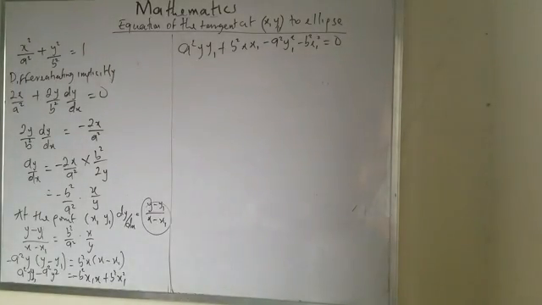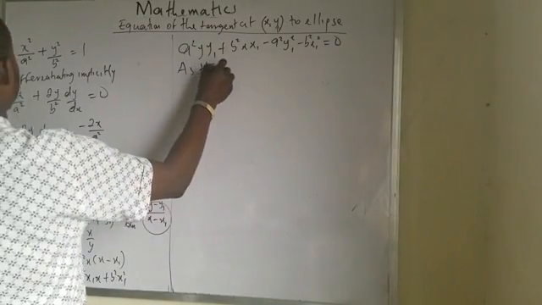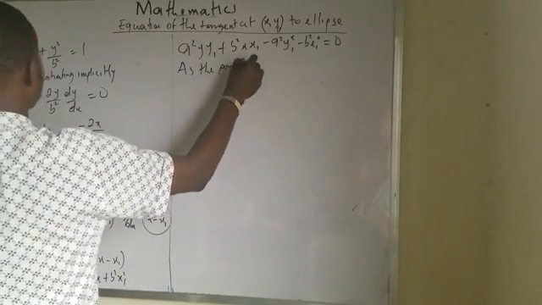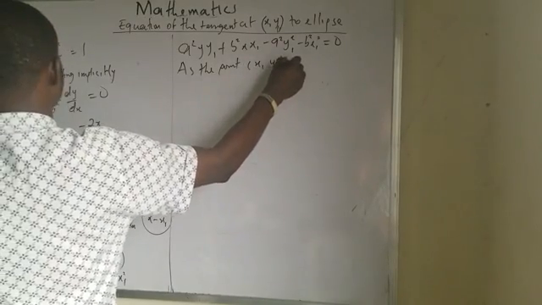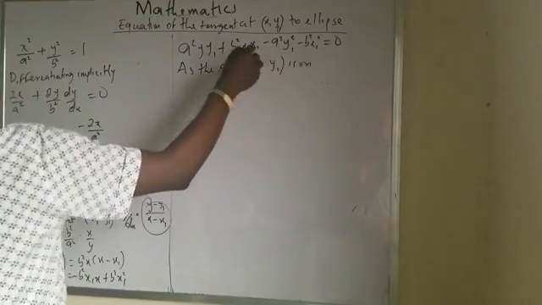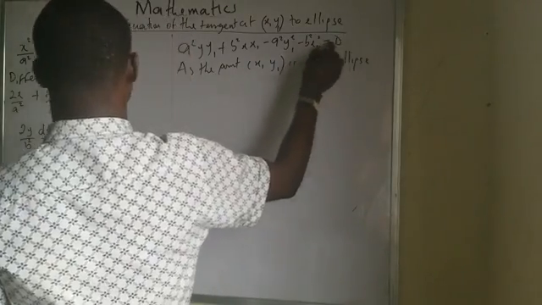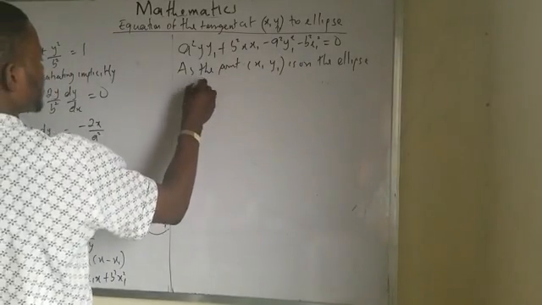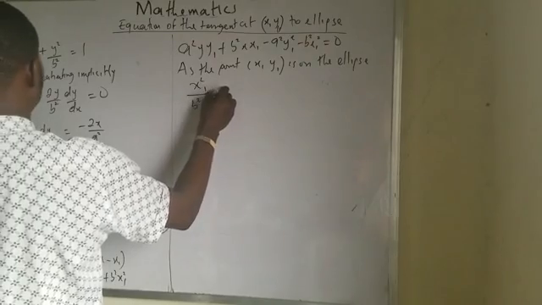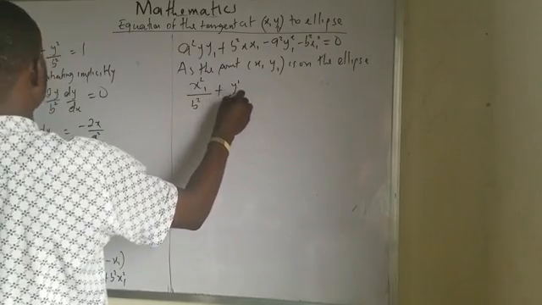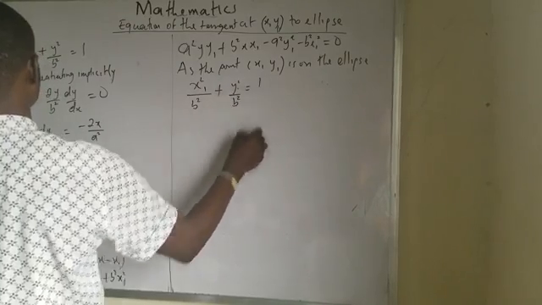Now, as the point (x1, y1) is on the ellipse, therefore x1 squared over a squared plus y1 squared over b squared equals 1.